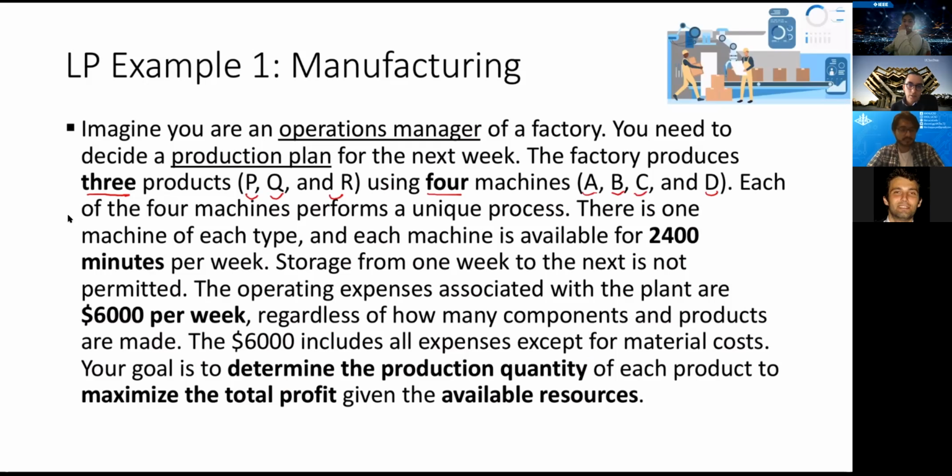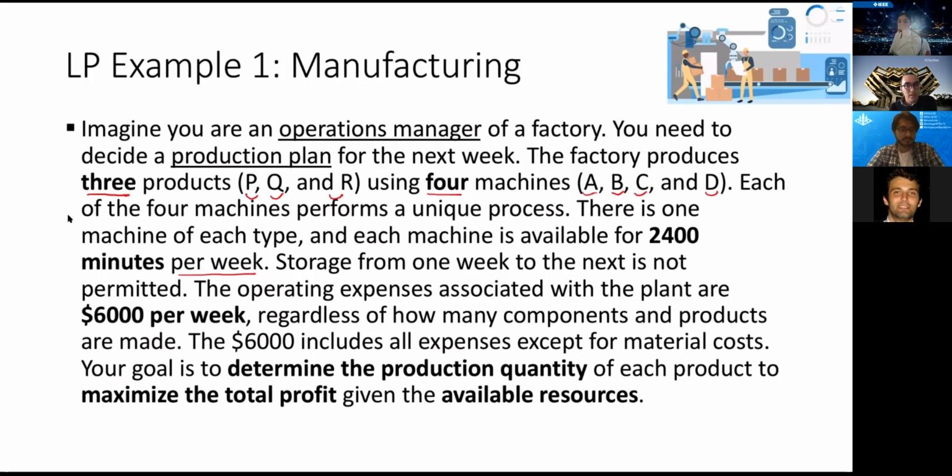Each machine is available for 2,400 minutes per week. We only consider per-week analysis, okay? And we also assume that storage from one week to the next is not permitted, meaning that we do not deal with inventory-related issues. This is another level of complexity, so we simplified it. We have operating expenses associated with the plant.